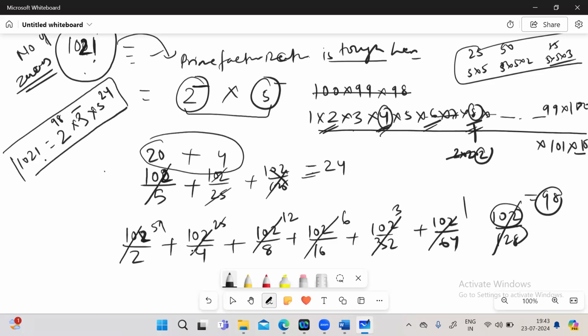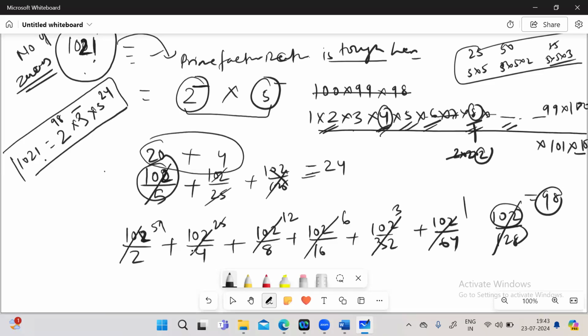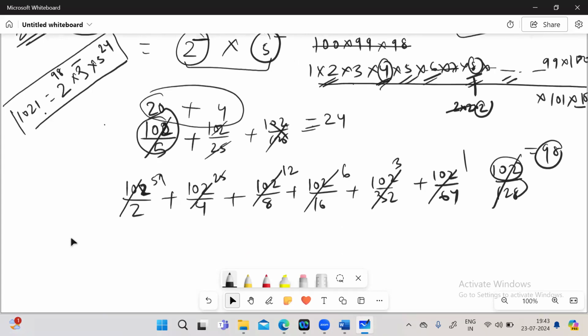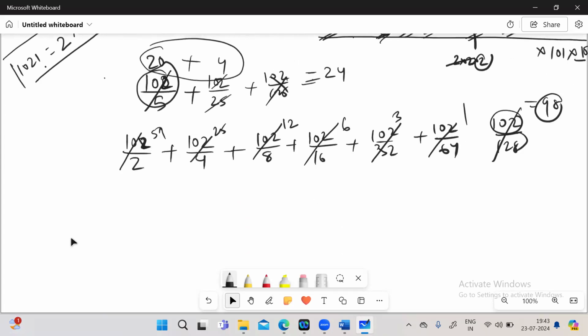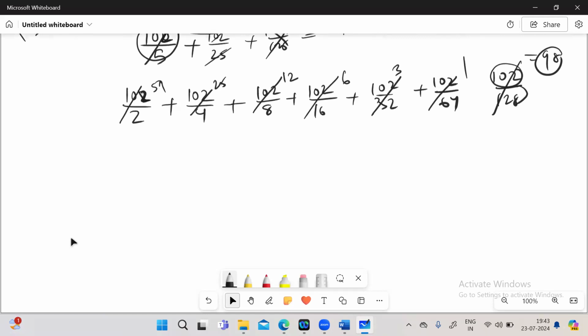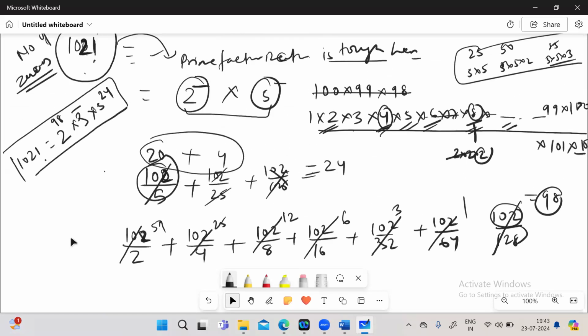So how did we count it? The power of 5? Like every fifth number. Sir, I didn't understand how you knew to divide by 5, then 25, then 125. Because every fifth number has a 5, right? So in 100, how many 5s will there be, that is what we have to count. Sir, in the second one, shouldn't it be 102 by 10? Not 10, 10 is made from 2 into 5. So what I know is if I find the number of 5s and number of 2s, I can make the pairs.